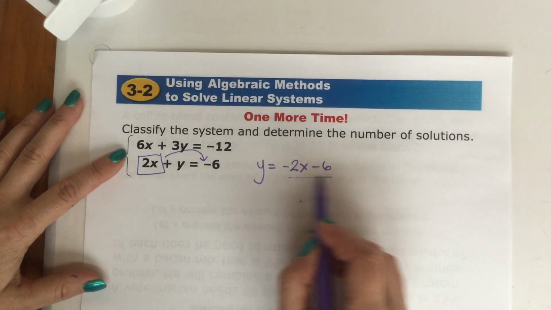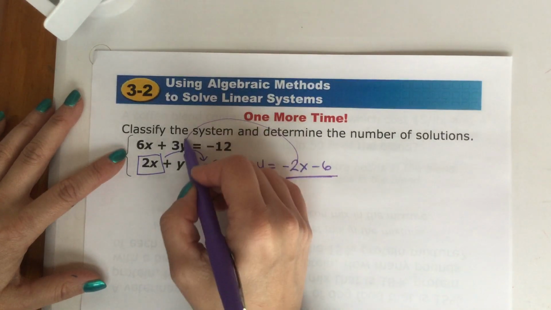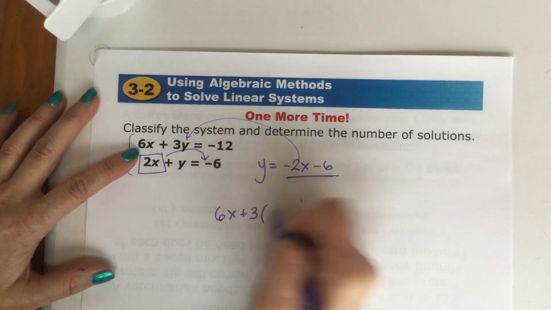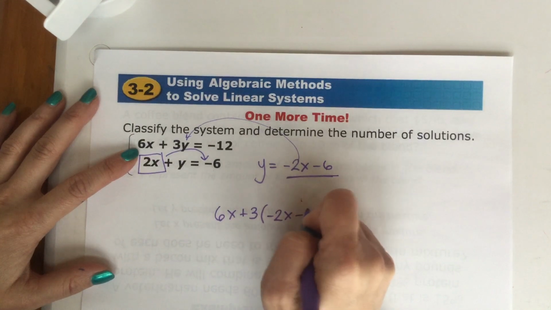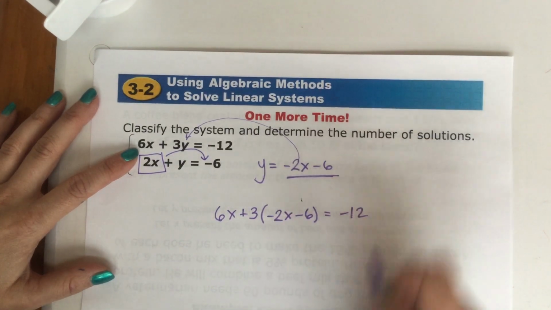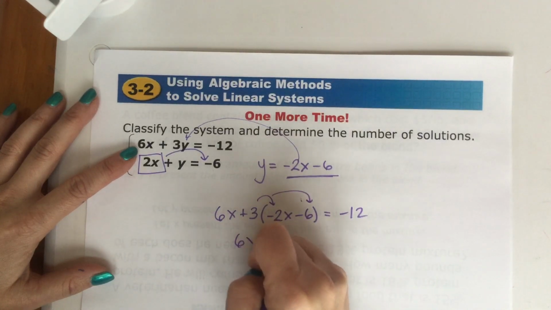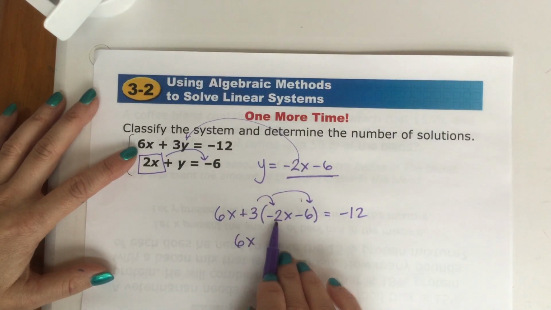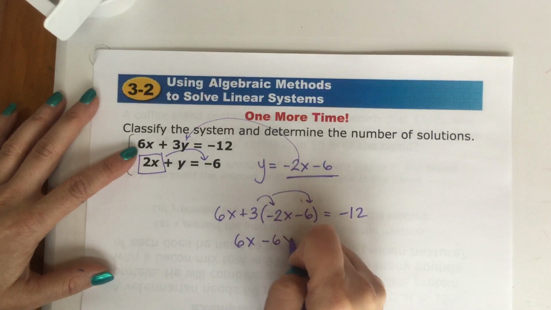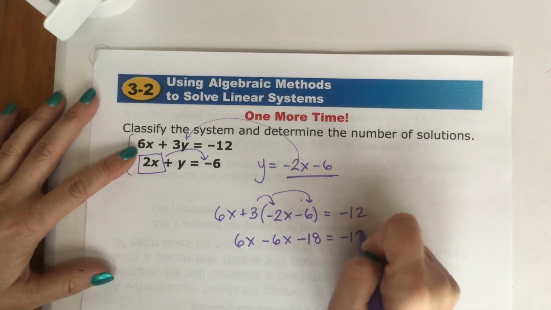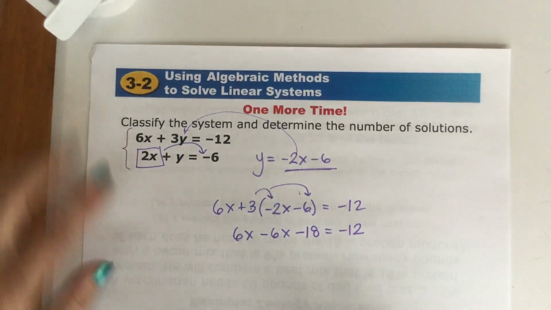Y is really negative 2x minus 6, so I substitute that in. 6x plus 3 times y, negative 2x minus 6 equals negative 12. Get rid of the parentheses, so 6x, 3 times negative 2x is negative 6x, 3 times negative 6 is negative 18, that equals a negative 12.